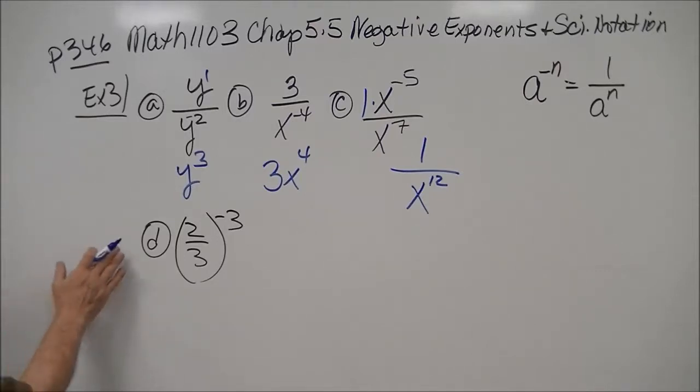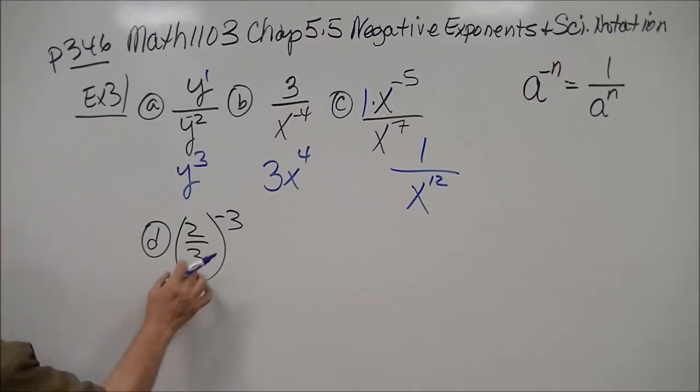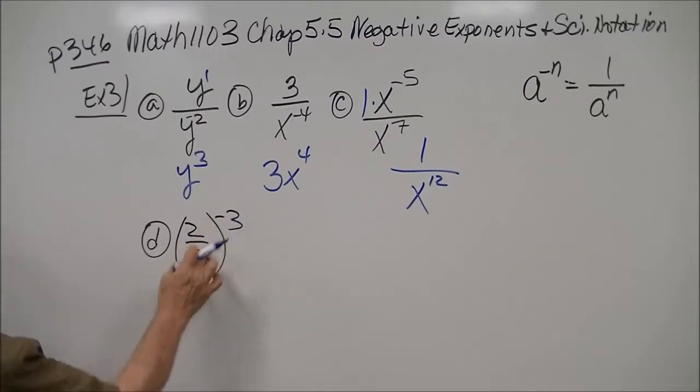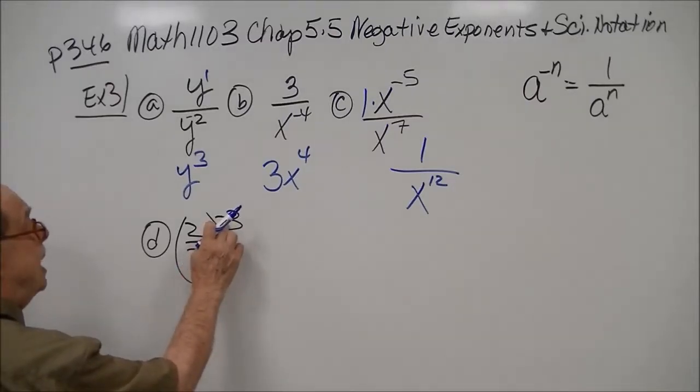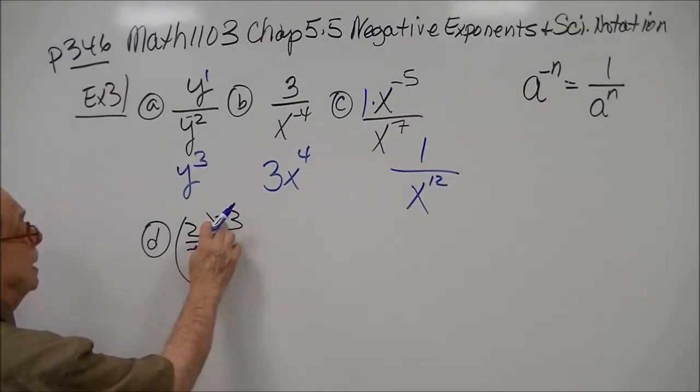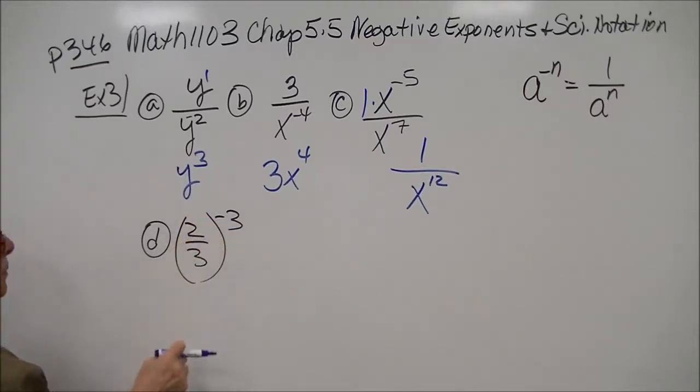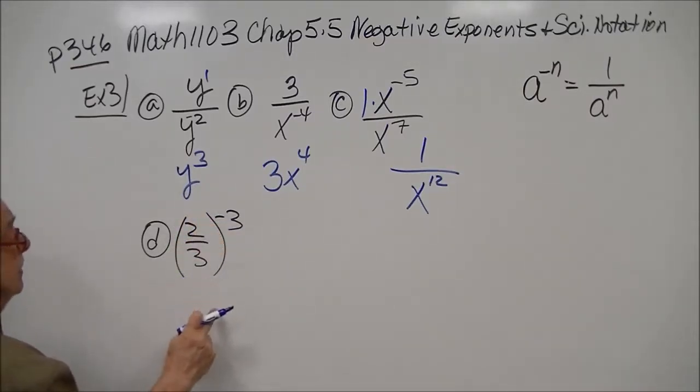Now when you see something like letter D, when you have a fraction that's raised to a negative power, a good little tool is to convert this to a positive exponent by taking the reciprocal of the fraction.